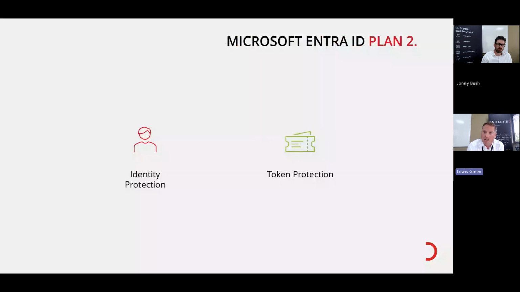And then moving on to Entra ID Plan 2. This is a separate product that can be purchased on top of the plan that you get with Business Premium. As mentioned before, with that risk scoring, the identity protection is a major function that this provides. This gives you that AI-based scoring system that's going to be looking at a lot of checks and measures to make a determination on how risky a login is. And then we've also got token protection.